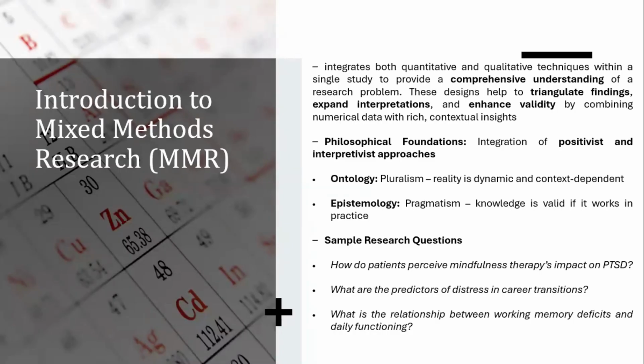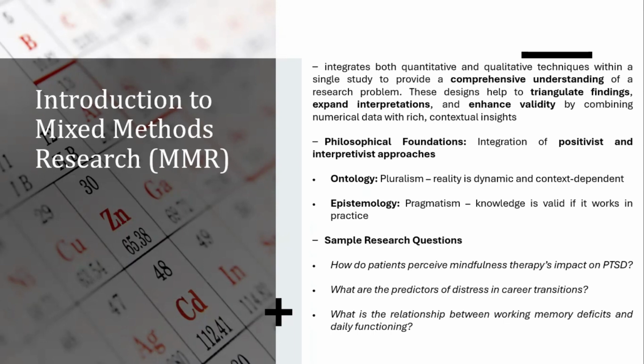Part of the question can assess the impact of mindfulness therapy on PTSD, which you can use quantitative data to analyze. Part of the question can also look at how the patients made sense of the mindfulness therapies they were taking, for which you can draw on qualitative data to understand how they perceived it. Okay, so if you want to do mixed method, you need to ask questions that lend themselves to these two forms of data. Is that okay?